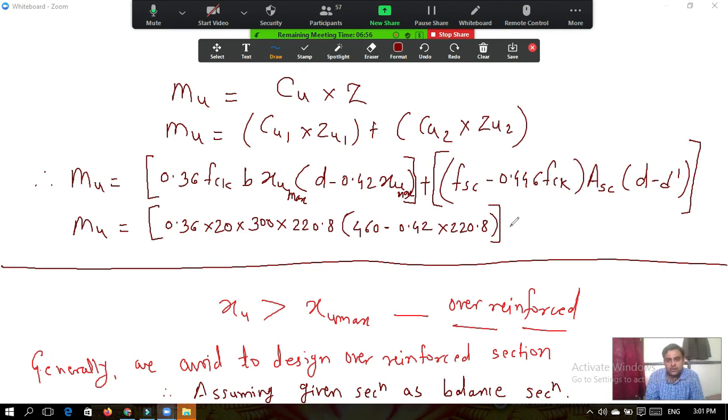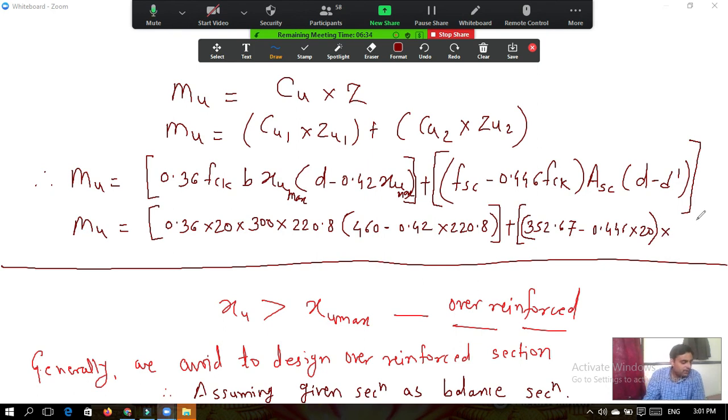This first bracket is complete, plus the second bracket: FSC is 352.67 minus 0.446 into 20, into ASC.